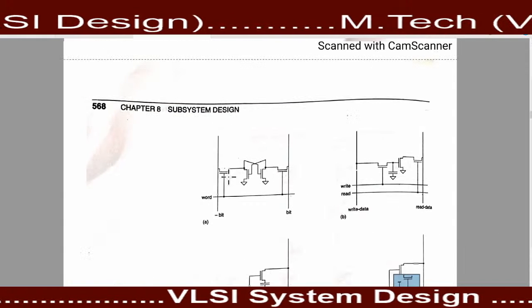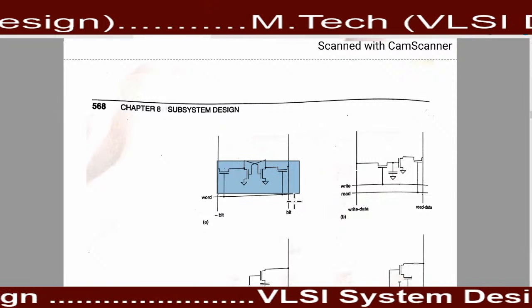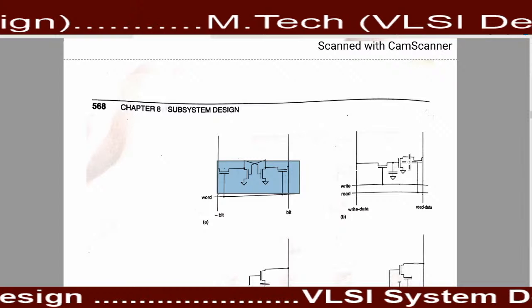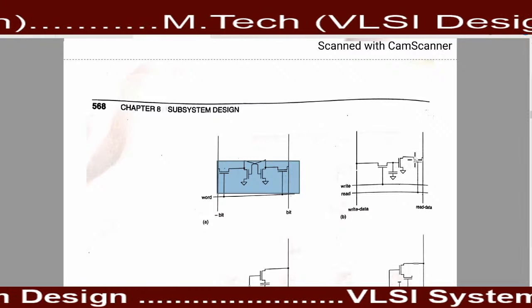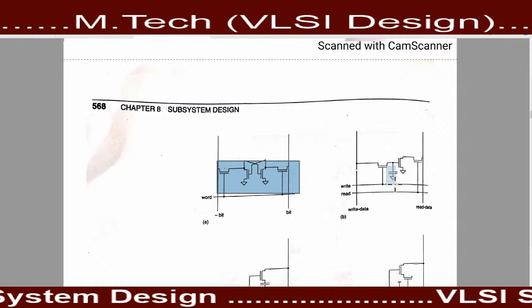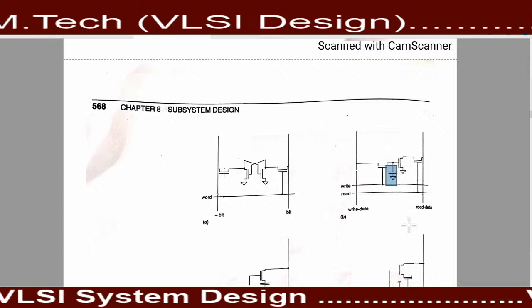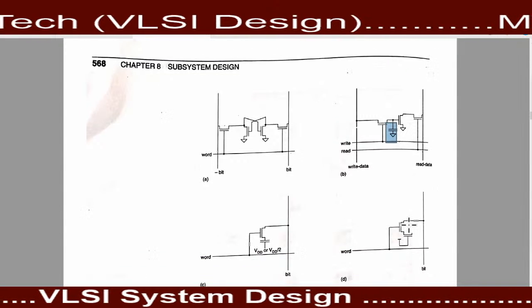Here you can see only four transistors are connected to implement a memory cell. Here you can see one, two, three transistors are connected along with a capacitor to make a DRAM cell, dynamic random access memory.